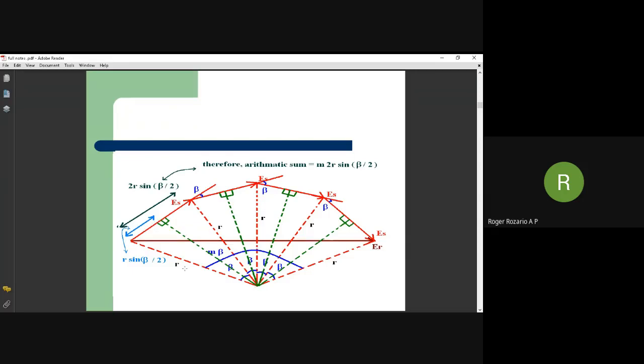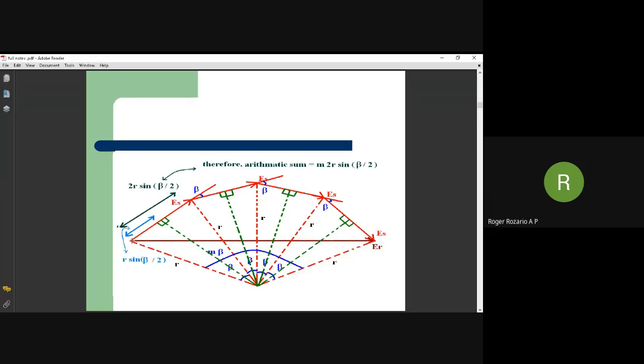If this whole angle is beta, half of the angle is beta by 2. So in this triangle, what is this distance? This is opposite side by hypotenuse. Opposite side is sine. So R sine beta by 2 is this distance, half distance.